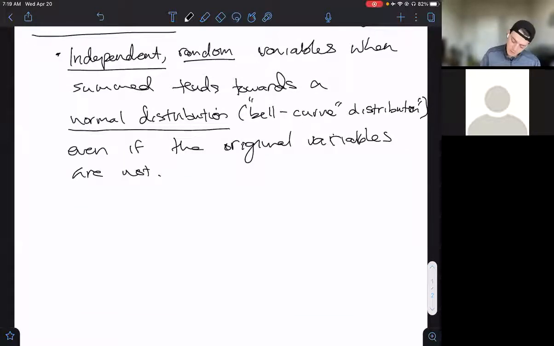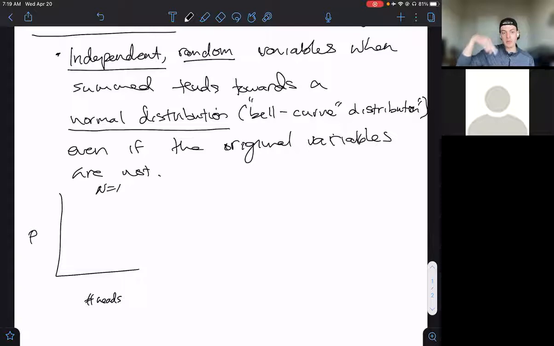So I will continue with the coin flip example. Let's say we are counting the number of heads in a coin flip, and so we're just tossing n equals 1, and we're going to do the probability. And so we're going to plot the probability on the y-axis and then the number of heads on the x-axis.